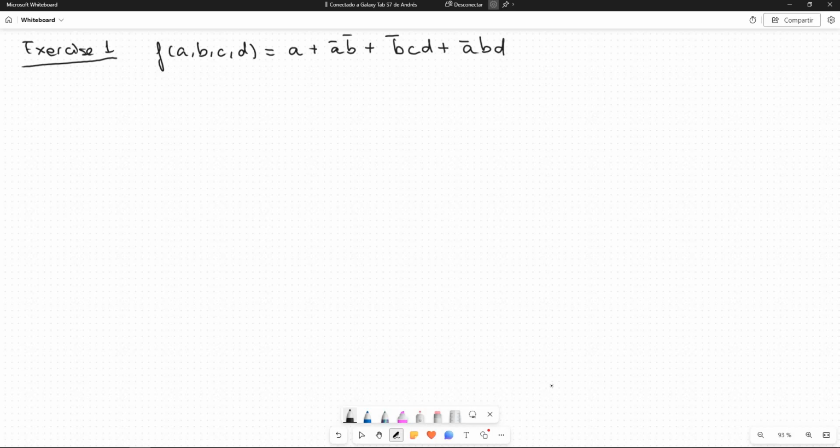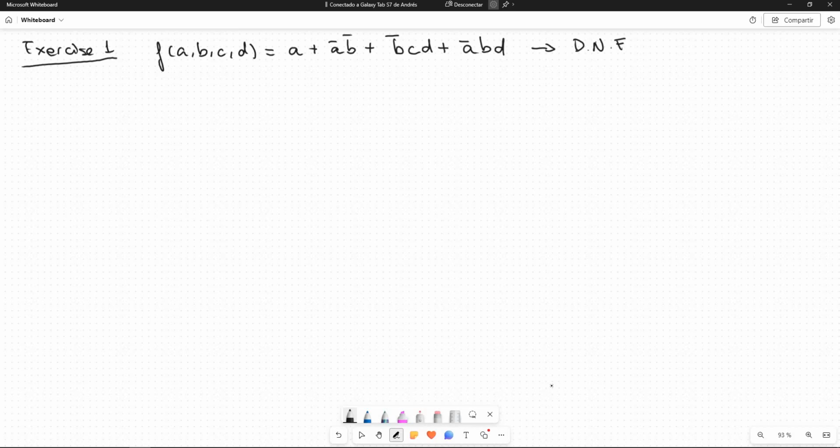But firstly, I'm going to ask you which kind of representation this is. We can see that we have a sum of product terms. So this is a disjunctive normal form of the function.